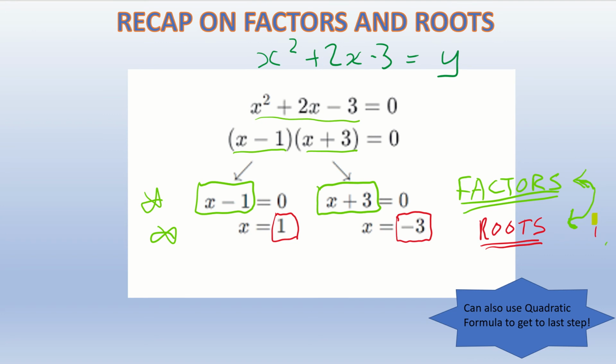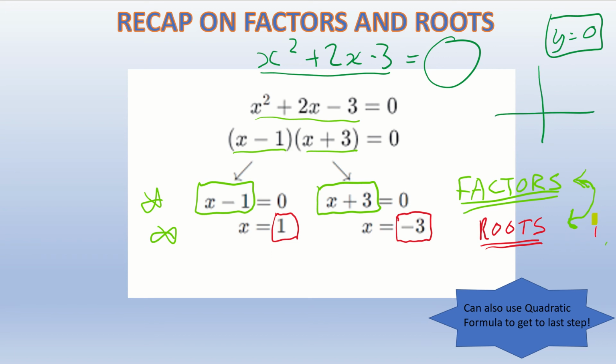Like that's a function of y. But if we are talking about the x-axis, because that's where my roots are, then my y here is going to be 0. So if you have a quadratic equal to 0, they're basically asking you to find the roots of that. And you know that because if y is 0, they're talking about your x-axis.